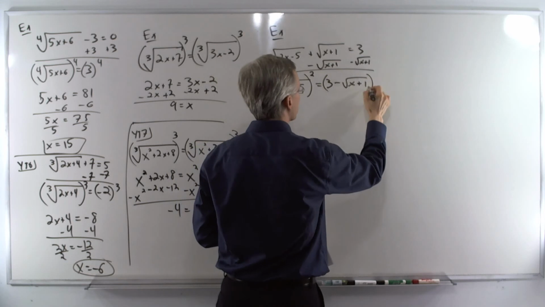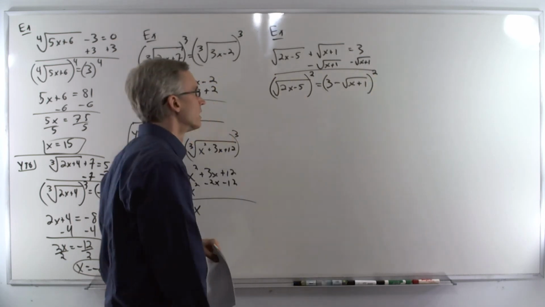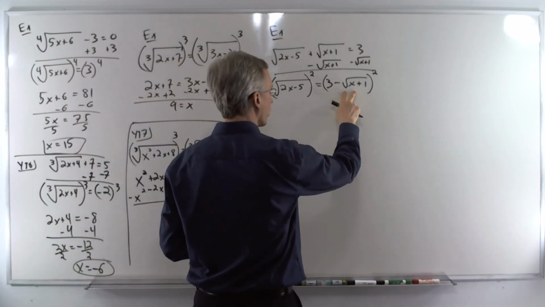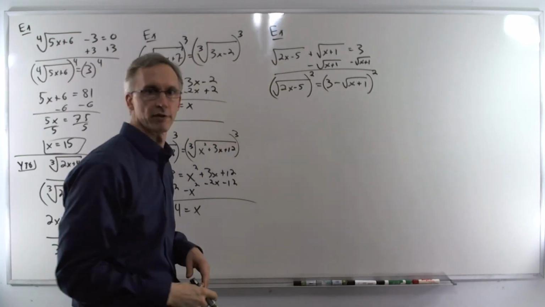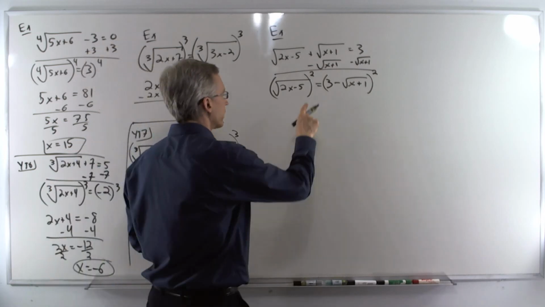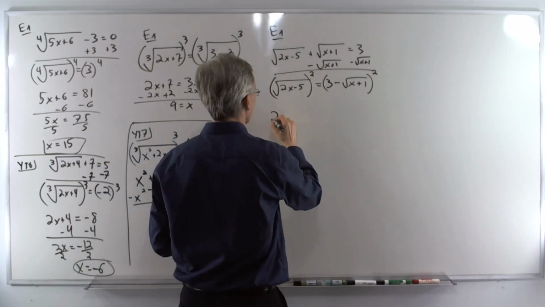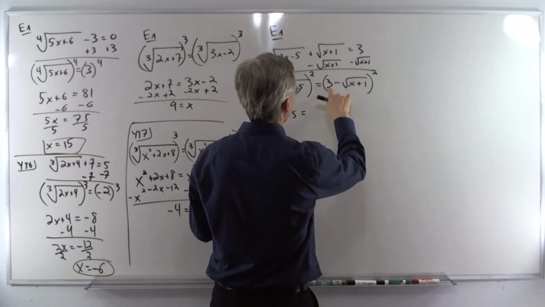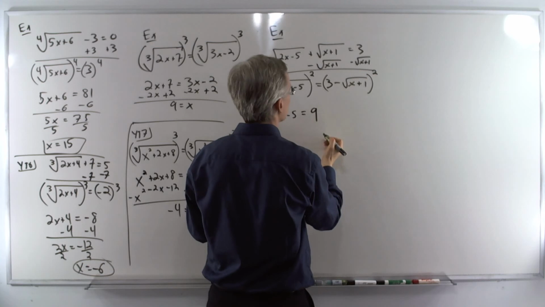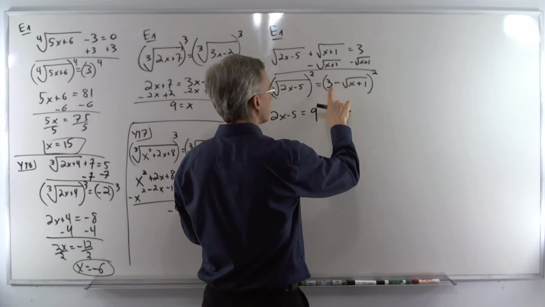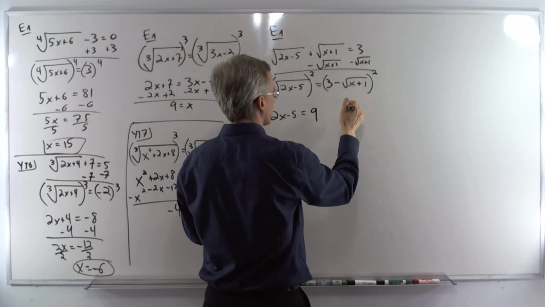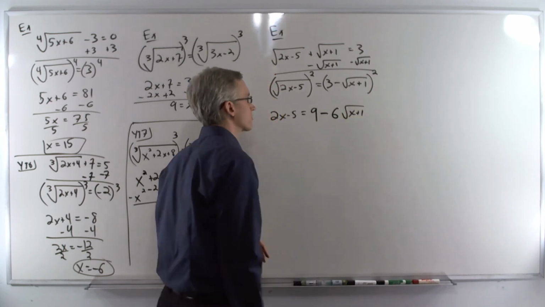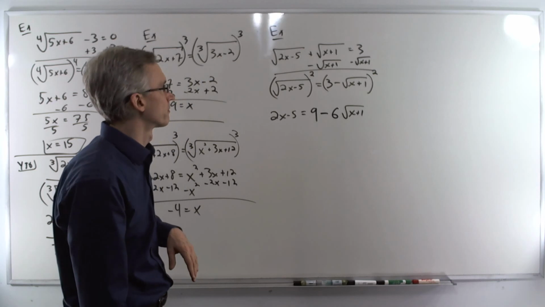So this is the situation we were trying to avoid before, but this time we cannot avoid it. So we're going to have to either FOIL here, or just remember your perfect square trinomial formula. So over here, we're going to get cancellation, so we get 2x minus 5. And over here, we get first term squared, so that's 9. Now, 2 times a times b, so that's minus 6 square root of x plus 1, just by the perfect square trinomial formula.